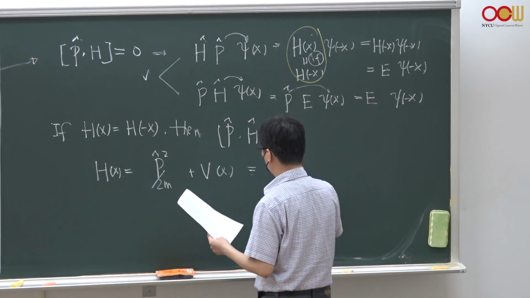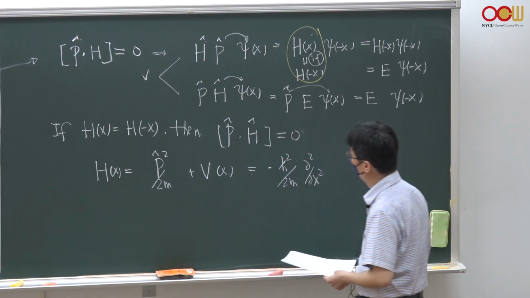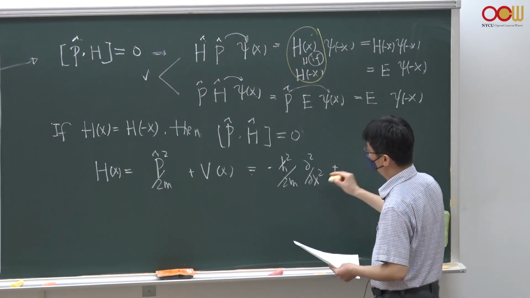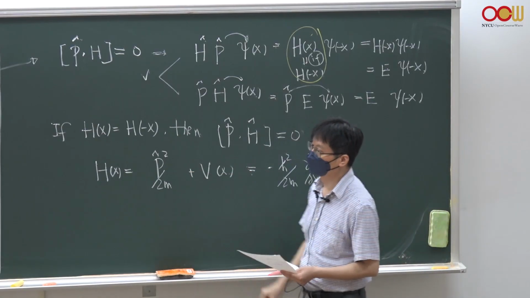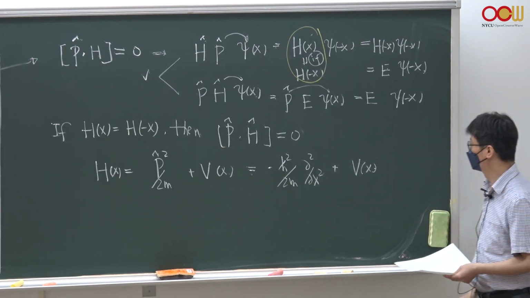And what is this? This is the second derivative with respect to x, which is the meaning of this momentum squared, plus the potential V of x.